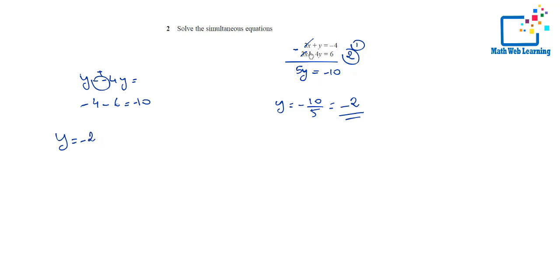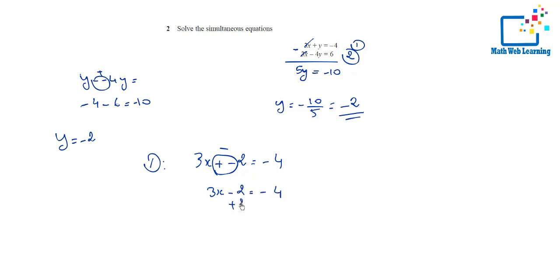Now we need to find x, so I'm going to use equation 1. I'm going to substitute this value into 1, so we'll have 3x plus minus 2 equals minus 4, because now y is taking the value of minus 2. So this plus minus 2 changes to minus, so we have 3x minus 2 equals minus 4.